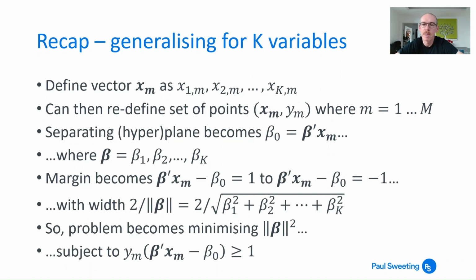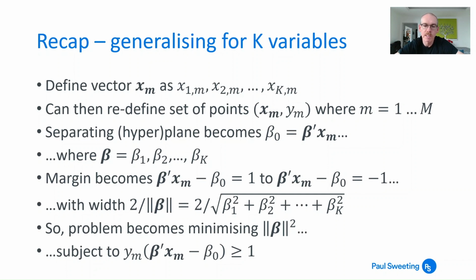And the separating plane or hyperplane becomes beta0 equals vector beta transpose xm, where this vector beta is beta1, beta2, all the way up to betak. The margin becomes beta transpose xm minus beta0 equals 1 to beta transpose xm minus beta0 equals minus 1. So we're just doing this in a higher number of dimensions.